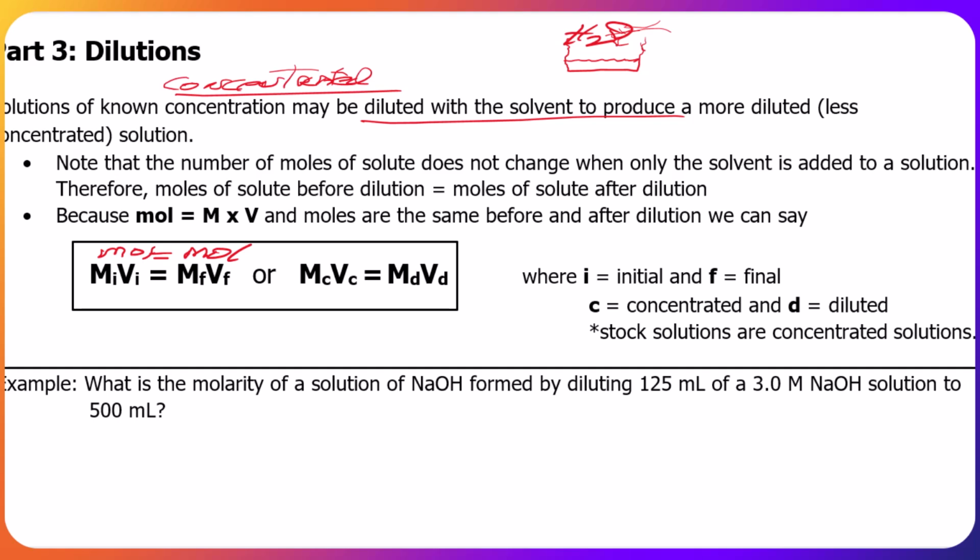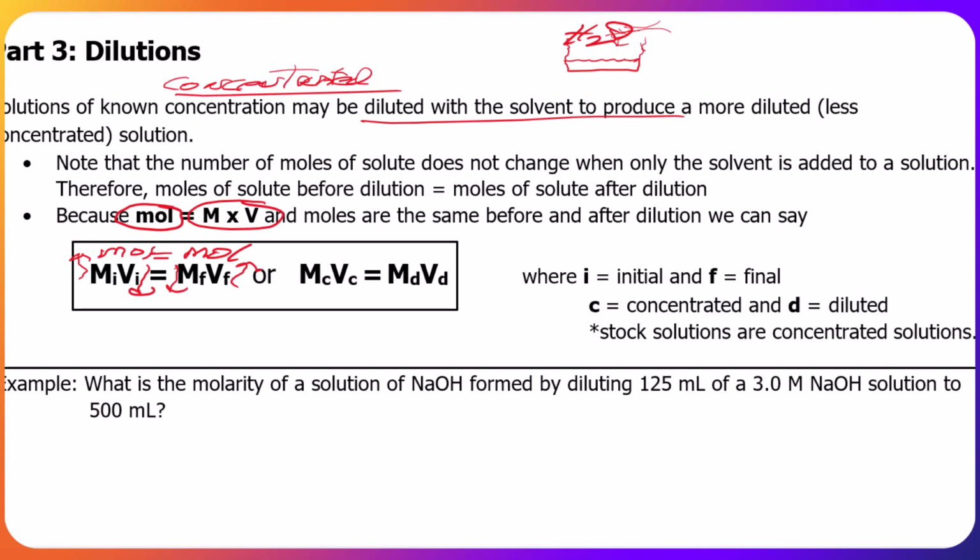What we have here is a high concentration and a low volume on the initial side, and on the final side we have a low concentration and a high volume. And you remember that volume times molarity equals moles. So higher volume times lower molarity equals the same number of moles that a lower volume times a higher molarity will give you.